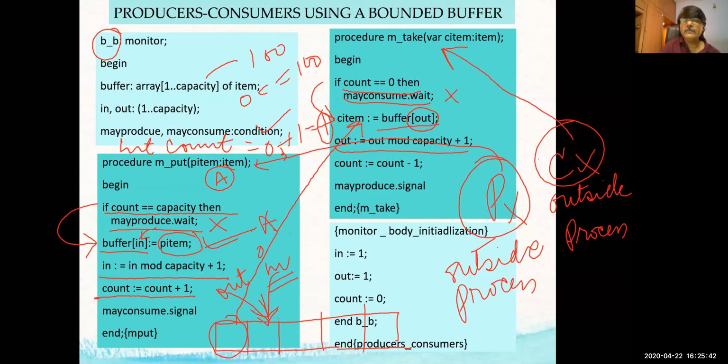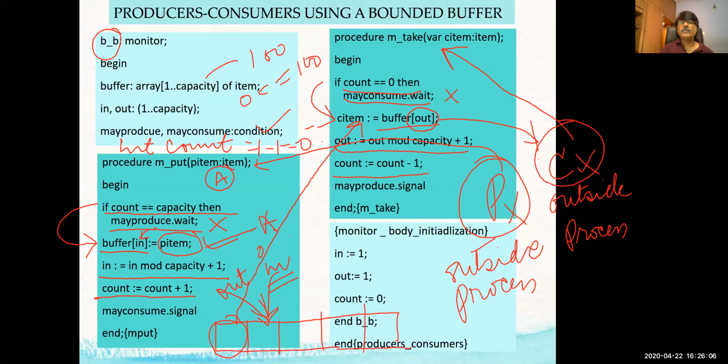And this C item is returned back to the consumer. Out is incremented to the next slot. Count is decremented by 1. It was 1. One item was removed by the consumer. So count becomes 1 minus 1, that is 0. Count becomes again equal to 0.